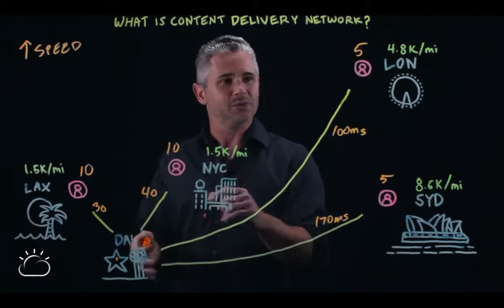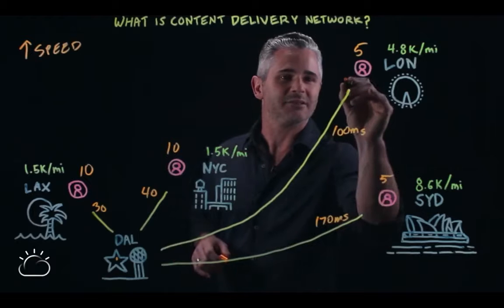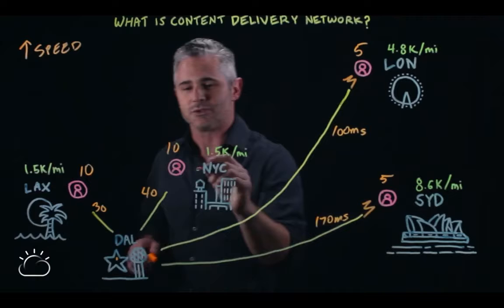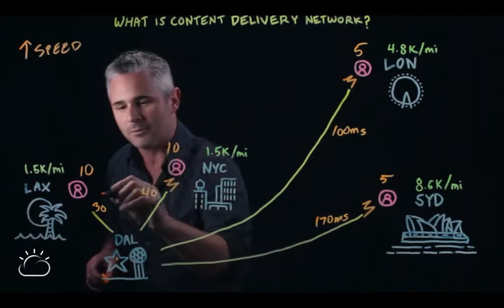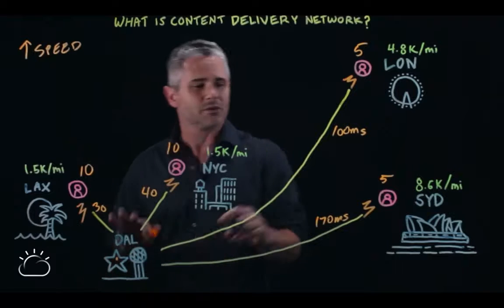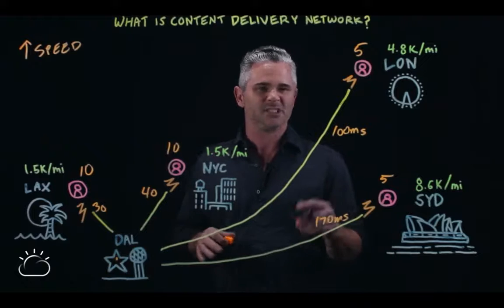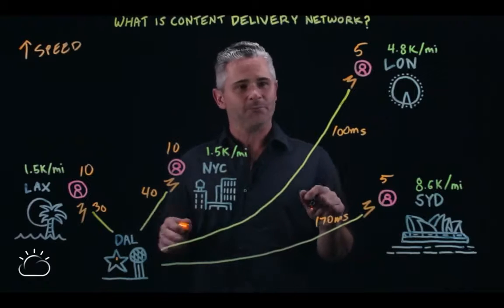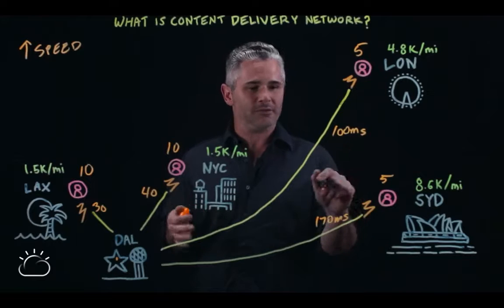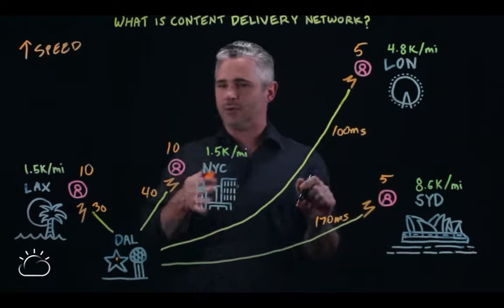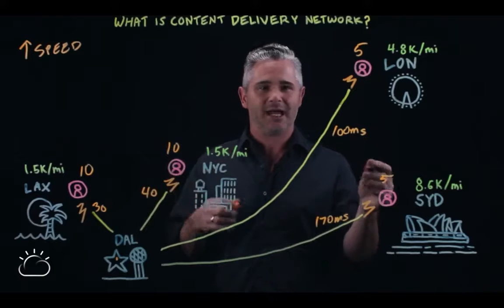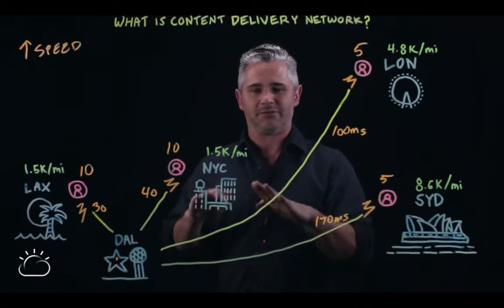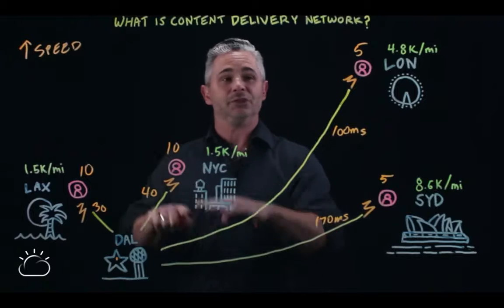It does that by placing content delivery network endpoints in as many locations around the world as possible, and in our case, we're going to assume we've got one in just about every location where our users exist. So now, when the user in Sydney or London or New York City or LA tries to access some content, it's first retrieved by the Content Delivery Network service and then distributed around the world.